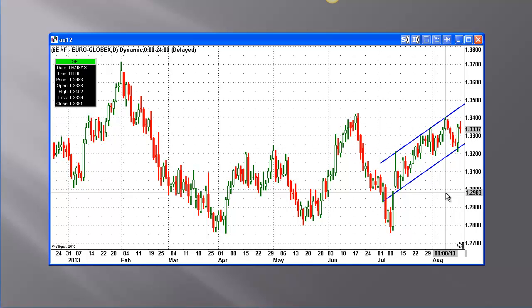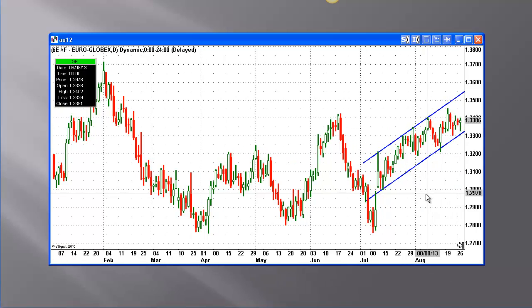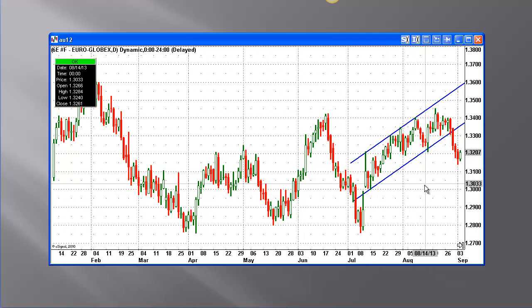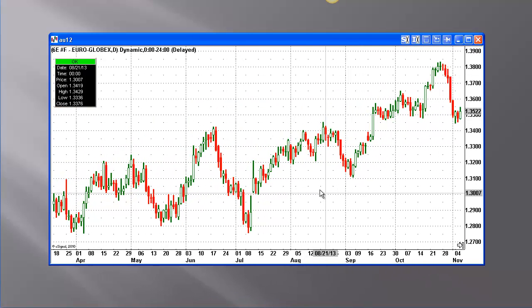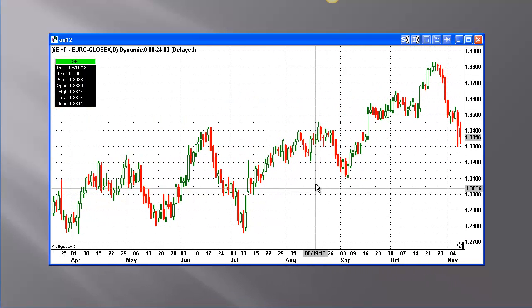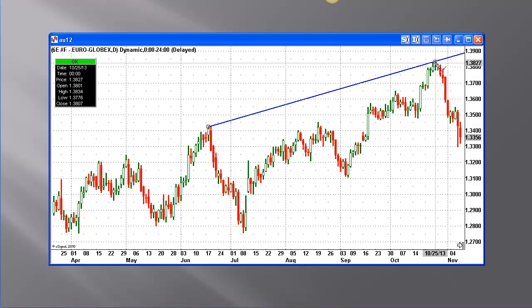And a lot of times the most obvious things don't work out. This is the Euro futures, by the way.